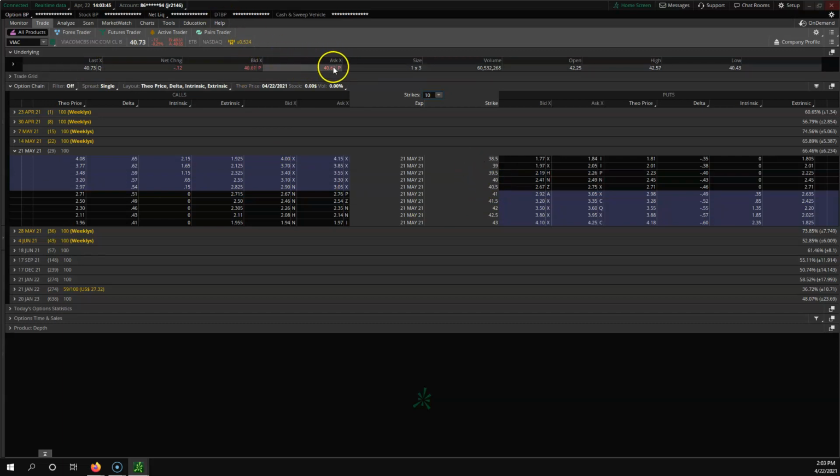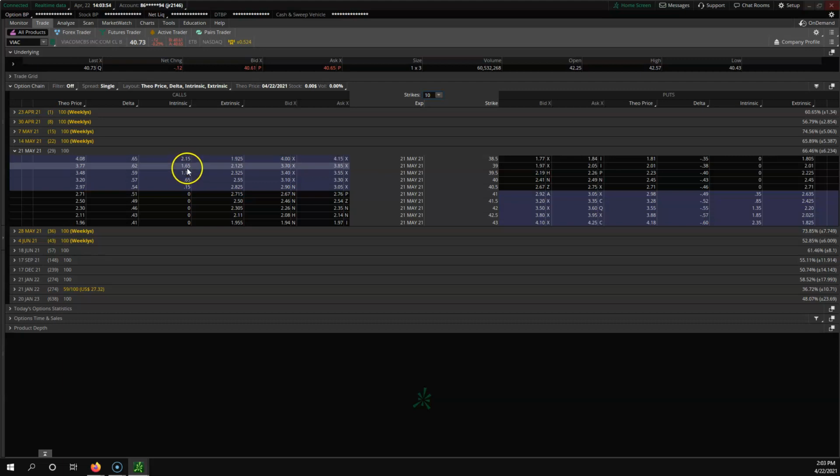Now, over here that's going off the bid ask, but if the market was open and it was a penny wide, we would have 73 cents of intrinsic value, right? So if the stock expired today, let's fast forward, nothing changes, and we expire today, there is 73 cents of intrinsic value, right? And we can see it right here, 73 cents of intrinsic value.